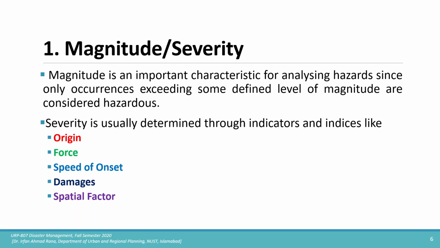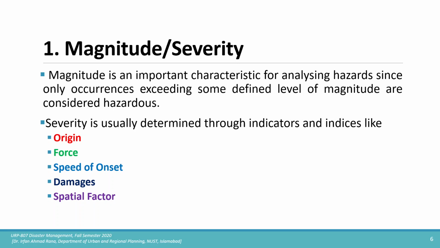Another quick relationship is between magnitude and frequency. We've talked about extensive and intensive risks, and the analysis of historical records and their frequency has enabled scientists to understand when a certain hazard with a certain magnitude is likely to occur.